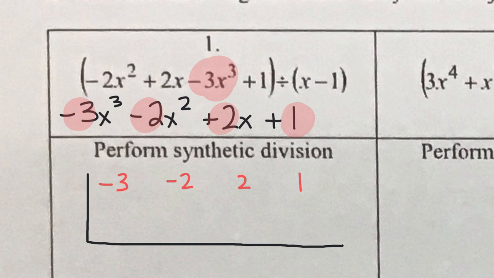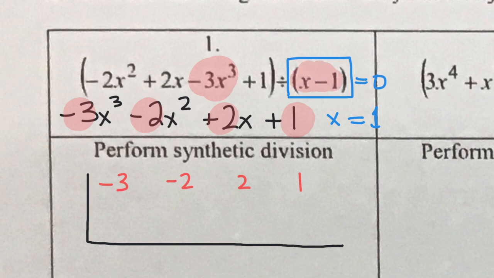Now we look at your divisor. We are dividing this polynomial by x minus 1. To figure out what number we're dividing by, we solve that linear divisor. This only works when we have linear divisors. If we ever have an x squared or an x cubed out here, then this method won't work.